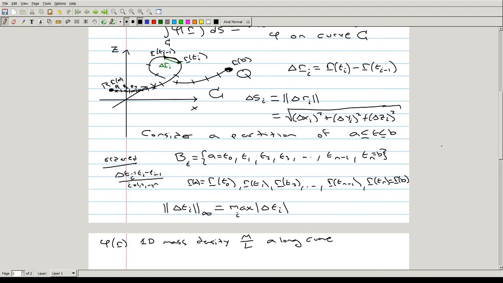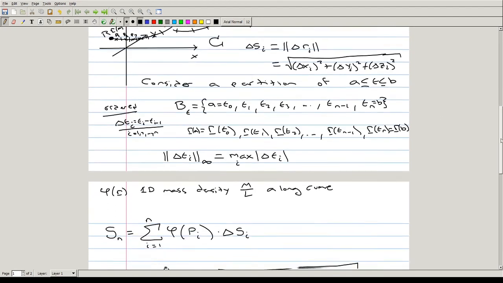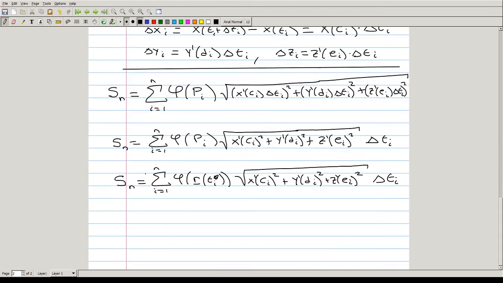Right, so it's the maximum size of the partition, and what we're interested in is the limit of this expression as the maximum size of the partition goes to 0, because we've already seen this is a nice approximation to the accumulation of the scalar field phi along the curve, right?